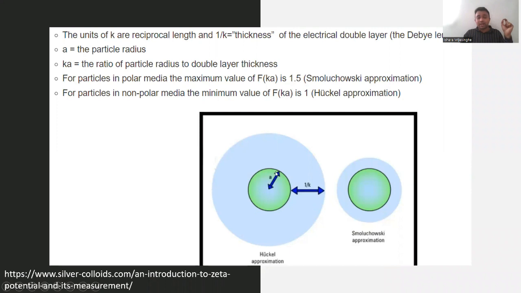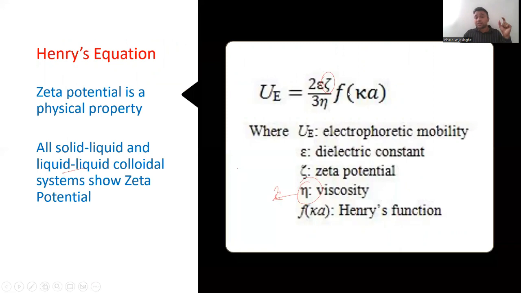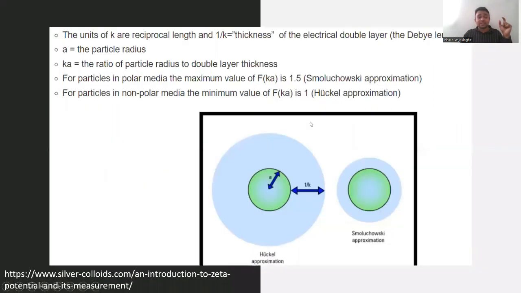A is the particle radius. And Ka is the ratio of particle radius to electrical double layer thickness. So there are polar media and non-polar media.